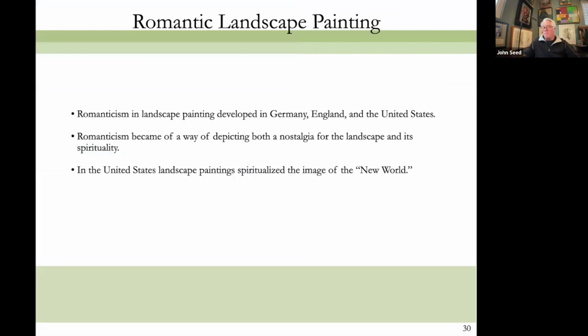So naturally, it makes sense that there would be more romantic landscape painting across Europe. And Romanticism developed not just in Germany, but also in England and the United States, expressing both nostalgia and spirituality. And you'll notice if you look at American landscape painting of the 19th century, it was a way of spiritualizing the colonization of the New World.